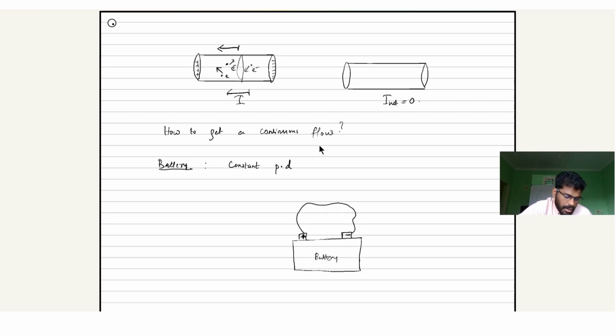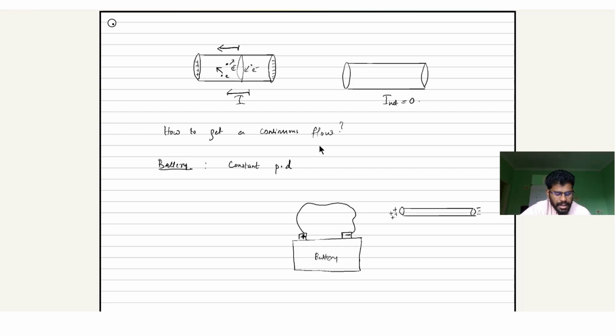Now if I look at the cross sectional area of the conductor, I will enlarge it. So this is my conductor here. If I look at this side, you can see there will be a deficiency of electrons, and on this side there is an excess of electrons, and this difference is always maintained. That's the important idea.